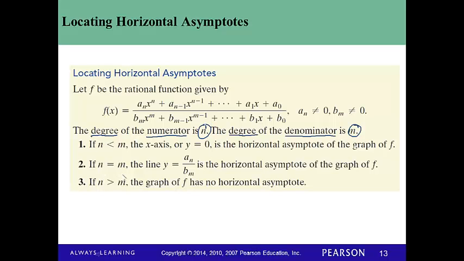If they are equal, if the degree of the numerator is equal to the degree of the denominator, then the line y equals a sub n over b sub n is a horizontal asymptote.